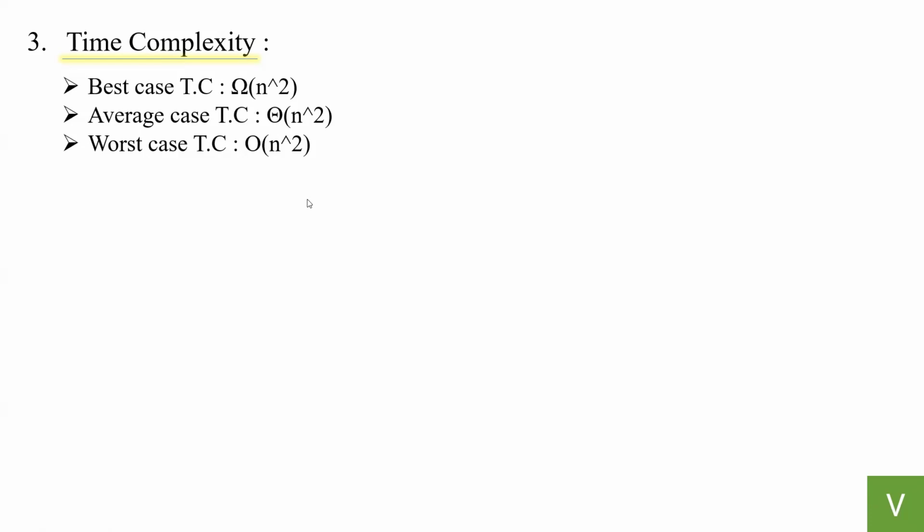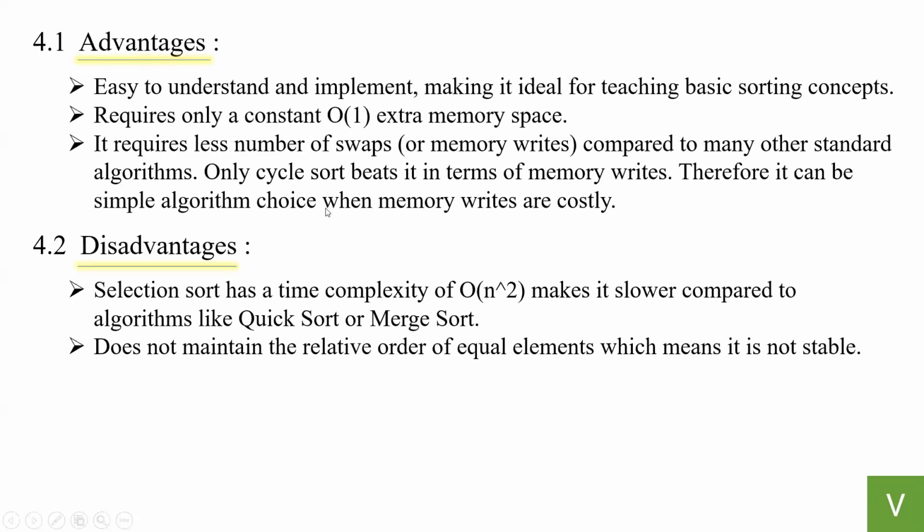Now let us look into the advantages and disadvantages of selection sort. Advantages are that it is easy to understand and implement, making it ideal for teaching basic sorting algorithms. For understanding purposes it is easy, but for implementing, it takes a lot of time. It requires only a constant, big O of one, extra memory space.